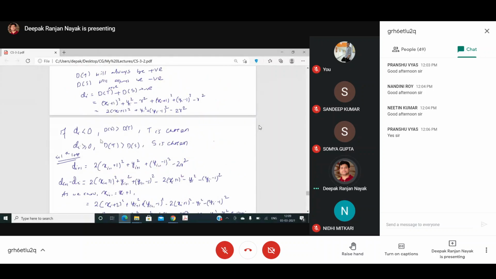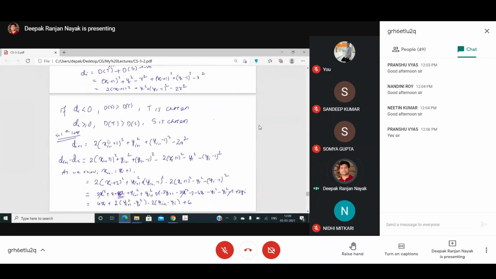Then we calculated the value for d of i plus 1. If you remember in Bresenham's line drawing algorithm, we were also calculating di plus 1, and we derived the equation of d of i plus 1 with the help of di. We tried the same here.